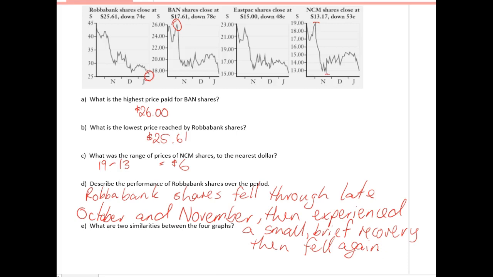And two similarities between the four graphs. Well, they have all fallen sharply in the first half of November. Is it fair enough to say that?